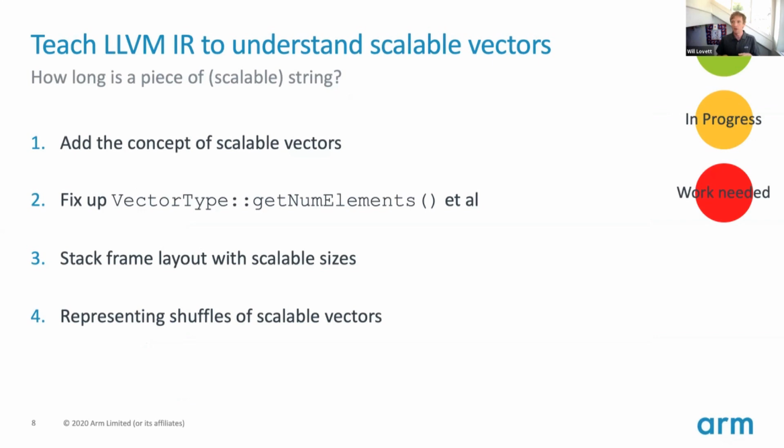So green stuff is things that work well and is implemented and is fine. Orange things are things that are in progress, and red things are things that are not supported yet. Okay. So we have four things to talk about with the LLVM IR. This is a little bit of a simplification, but these are the most important points here.